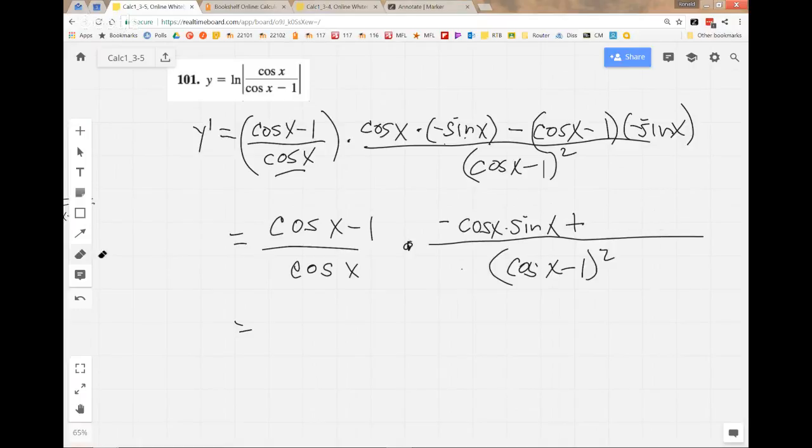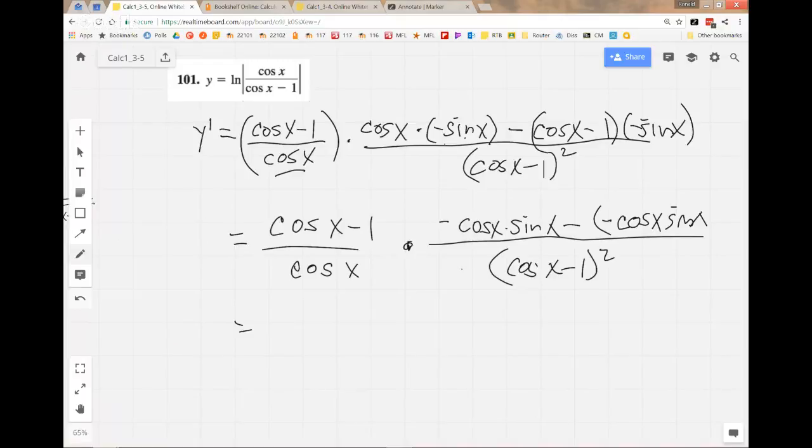So now when you multiply cosine x times minus the sine of x, let's leave this minus sign here. I'm going to leave the minus sign as it was, that one right there. And then when you take cosine x times negative sine, you get negative cosine sine.